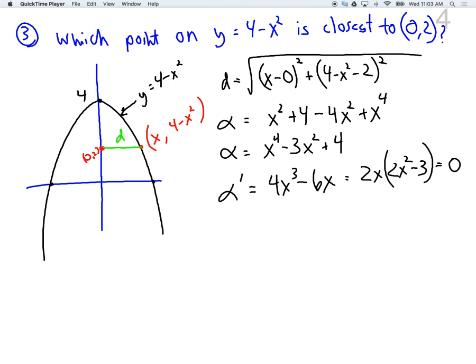And we want that to be equal to 0. So my critical numbers are x equals 0 from here, and that monster, which would be plus or minus the square root of 3/2.